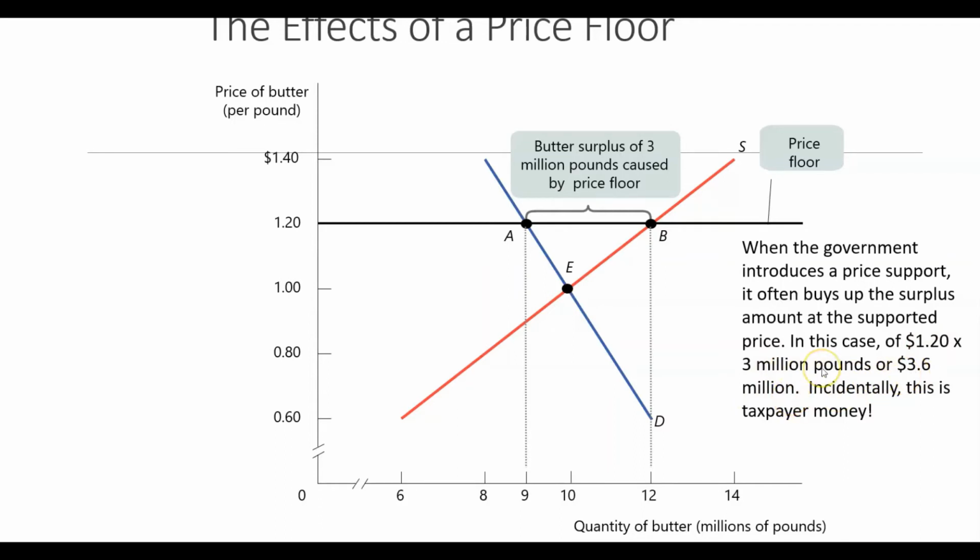So when the government introduces a price support, it very often buys up the surplus amount at the supported price. Now, this is designed to help farmers, especially during periods when there's severe drought, when there are trade issues that might affect farmers. But it's also important to note that this is taxpayer money as well.